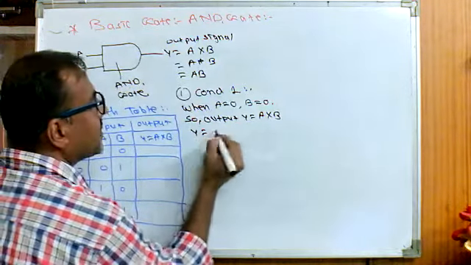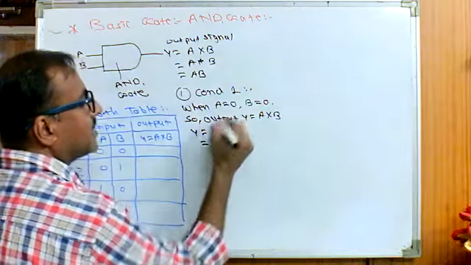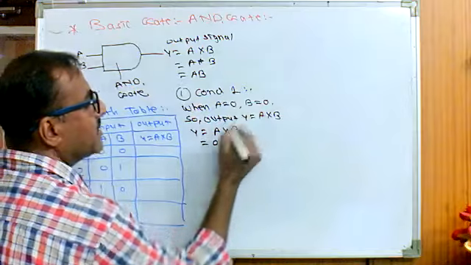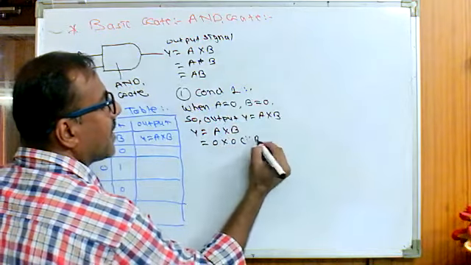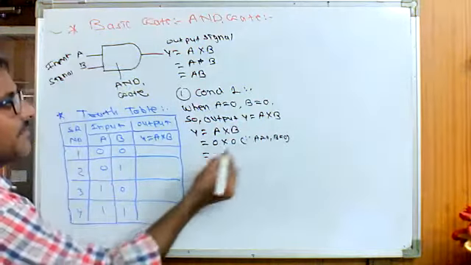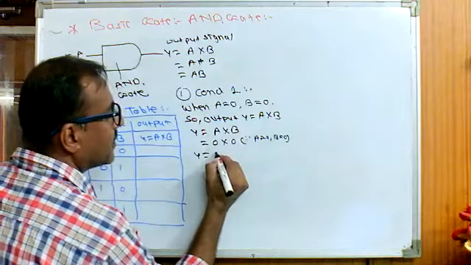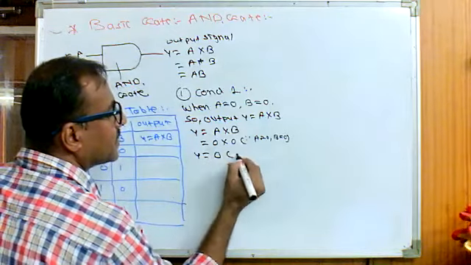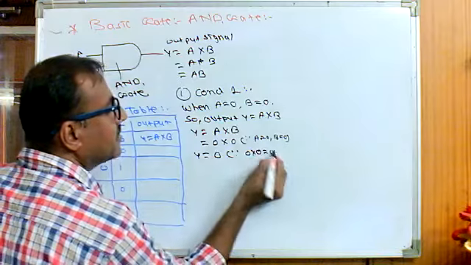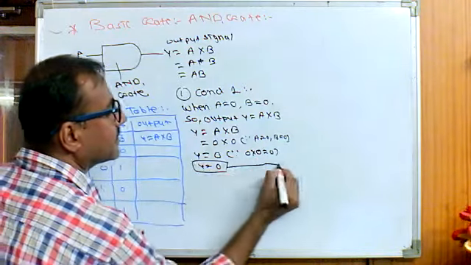So Y is equal to A multiply B, which is 0 multiply 0. Binary 0 multiplied by binary 0 is 0. So Y is equal to 0. That is the first condition.